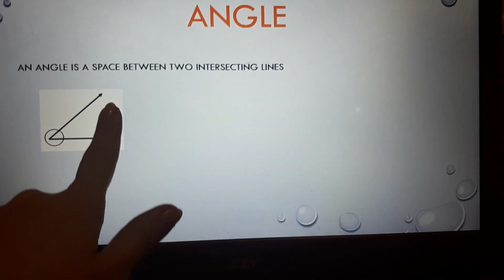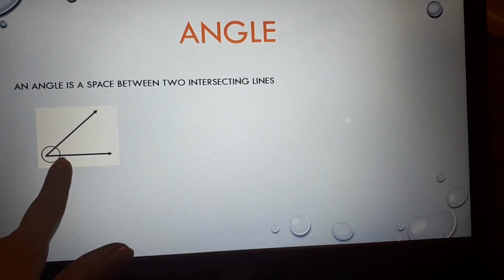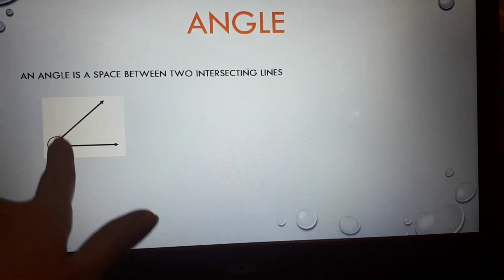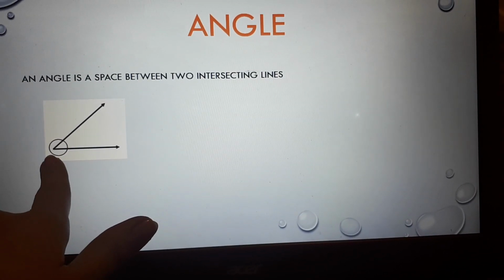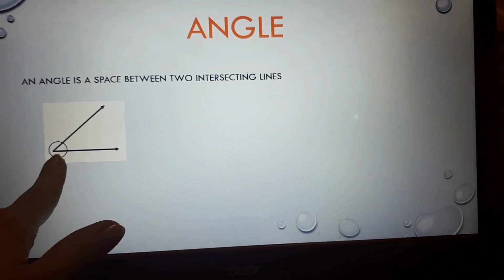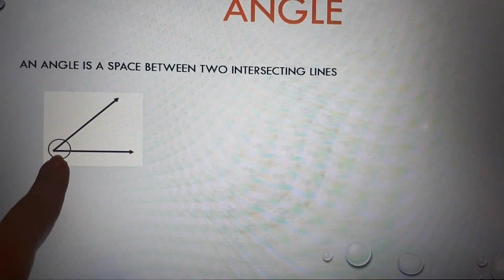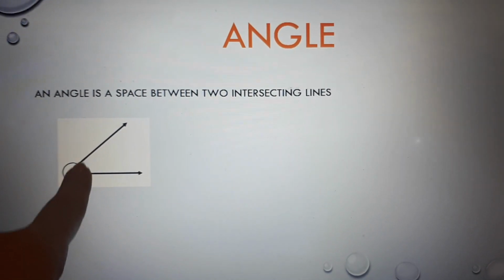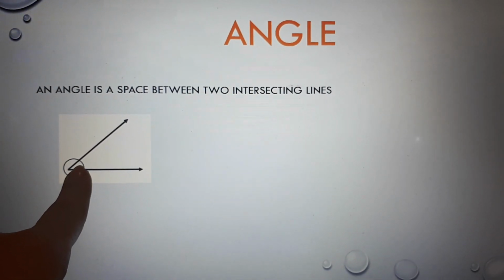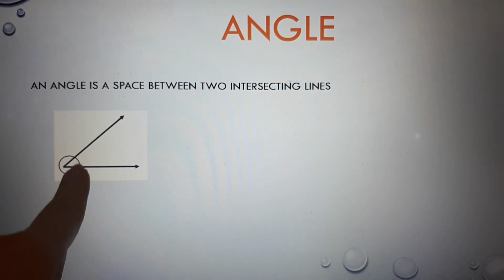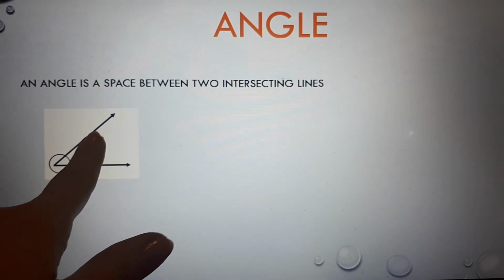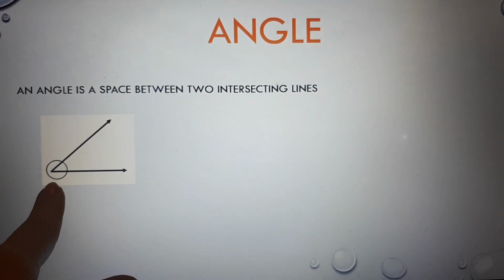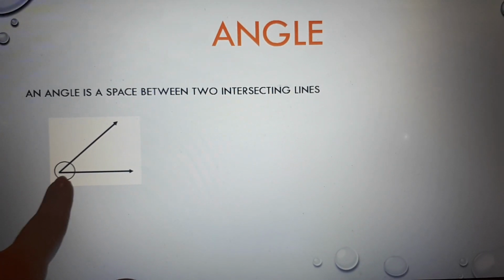This is a line segment and this is another line segment, but they are not parallel because they meet here. When they meet, we call them intersecting lines. This space, we call it an angle. So the space between the two lines that intersect, we call it an angle.